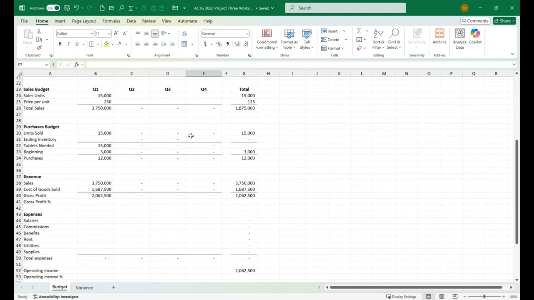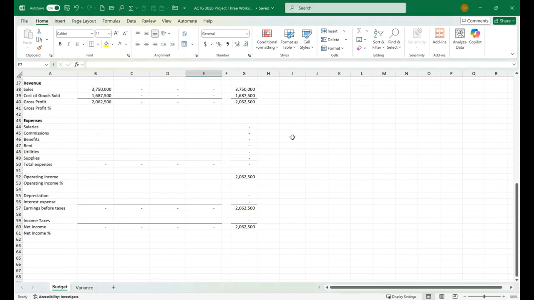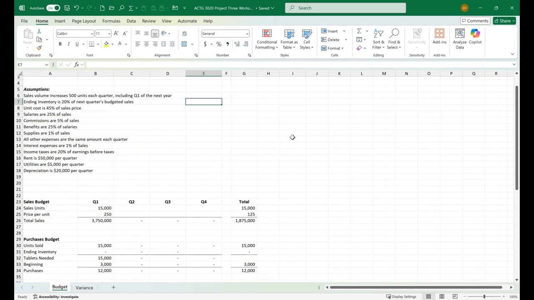If you're ever a manager, you are most likely going to be doing a budget for your particular department or division. You may have sales, you may not, but this is similar to what's in the book. And this project really is about paying attention to the details.